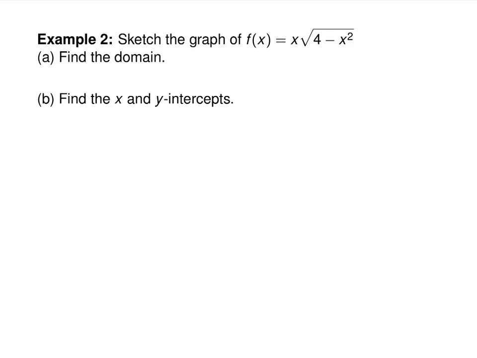Ooh, find the domain. This one has a tricky domain. So root: 4 minus x squared bigger than or equal to 0. You can think about that two ways. You can think about a graph, you can think about a number line. 2 minus x, 2 plus x, bigger than or equal to 0.